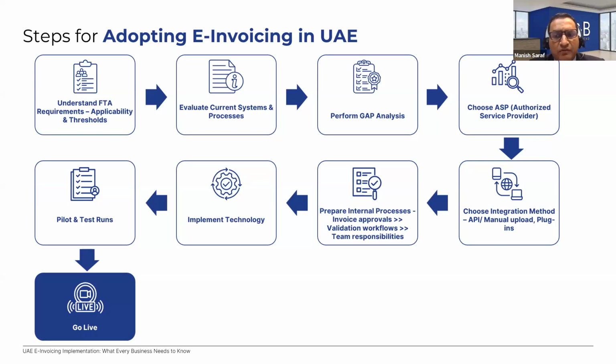That depends upon the volume of transactions which you have and the kind of system you have put in place. Then have those process flows defined in the system in terms of the approvals and the flow which should take place, and your operation team needs to be involved in that. They need to be made aware of what changes are required, because it is the operation team who is pressurized to issue invoices, right?